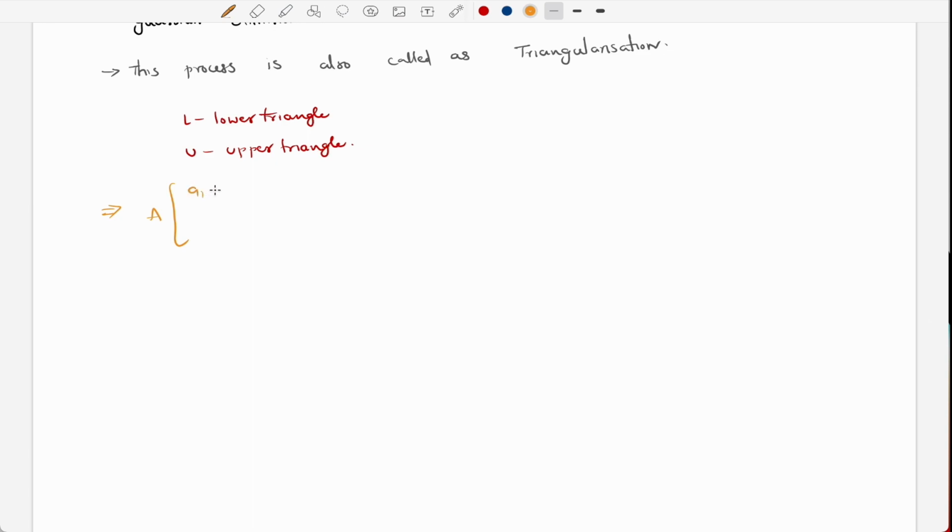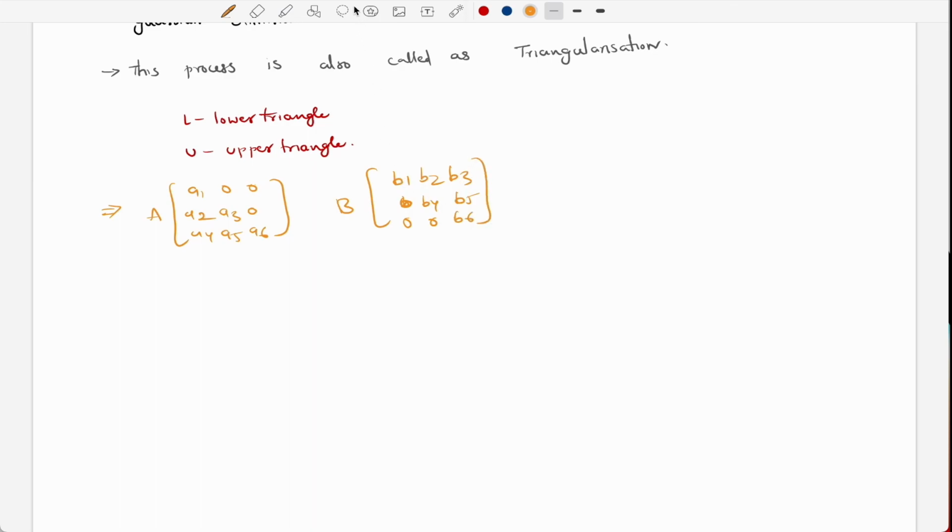We have a matrix A: a1, 0, 0, a2, a3, 0, a4, a5 and a6. I hope you're getting it. And we have a B matrix: b1, b2, b3, 0, b4, b5 and b6.